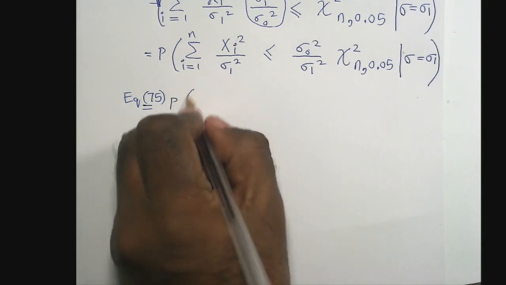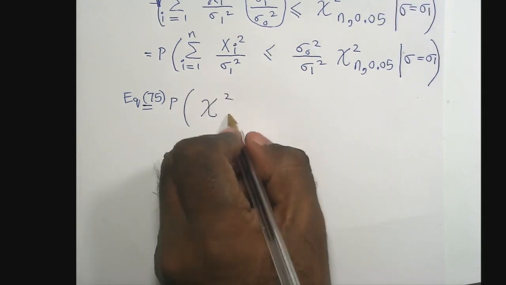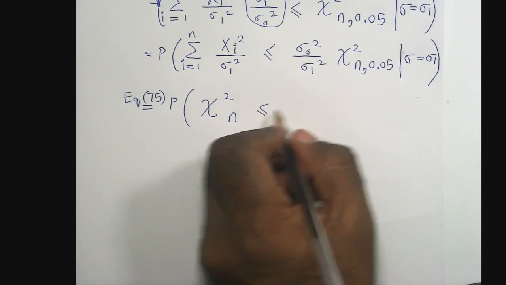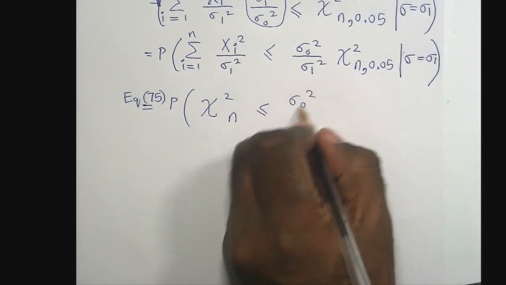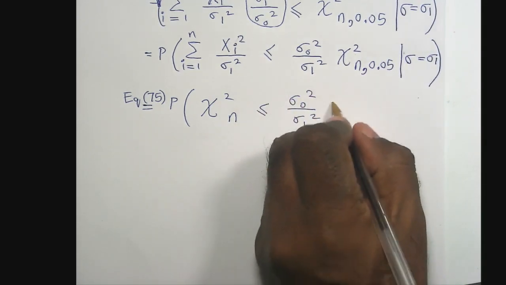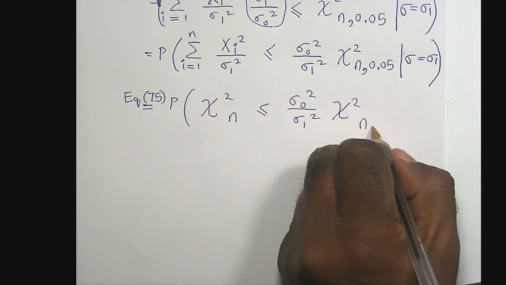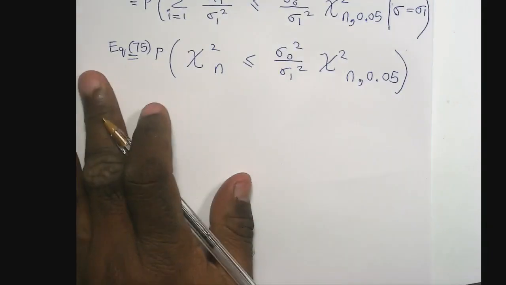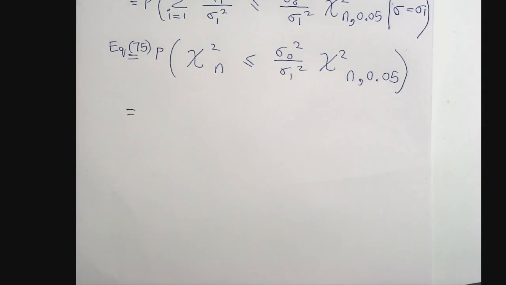So this is the probability that a chi-square variable with n degrees of freedom is less than or equal to this value.